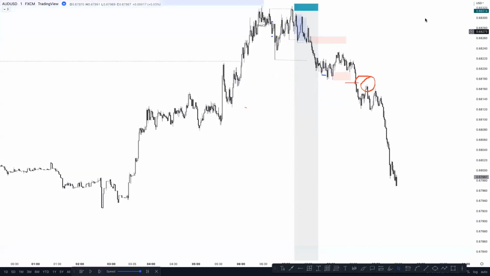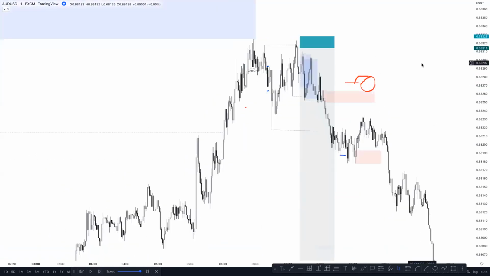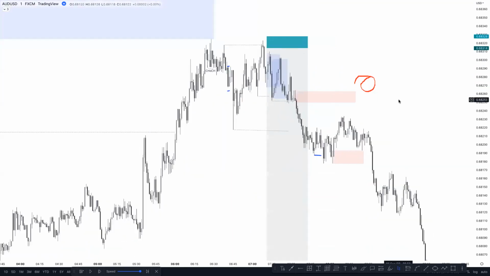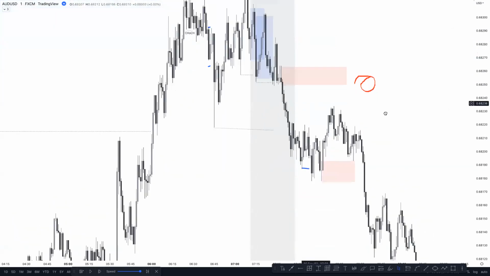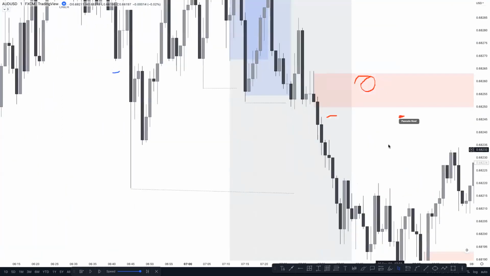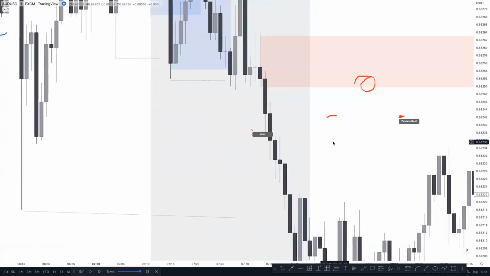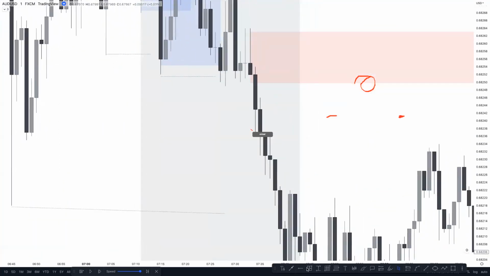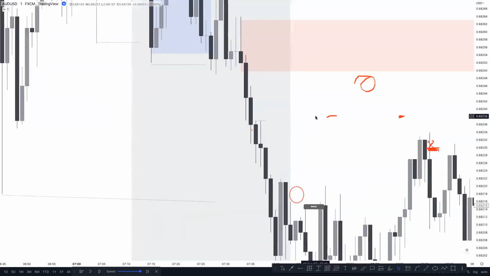Actually, at this point, which you marking here, this candle is not taken out by this high. Let me check first. Both are looking equal high.